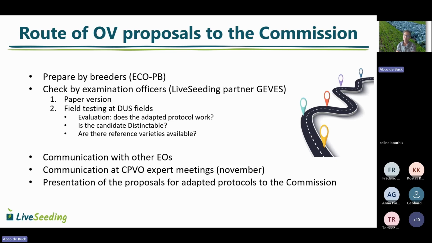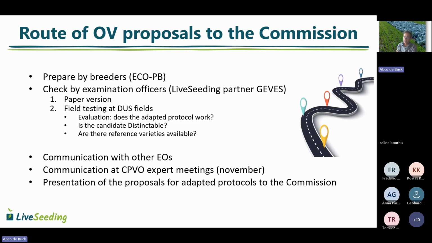Another point is, are reference varieties available? Adding to the point of Peter, of course what the breeder always does is point at possible suitable reference varieties. This is more important even here because there are not so many organic varieties on the market yet.